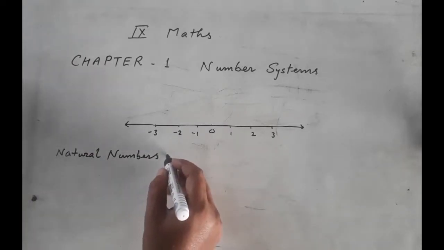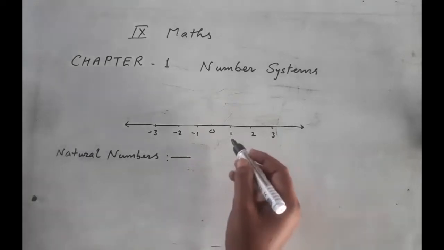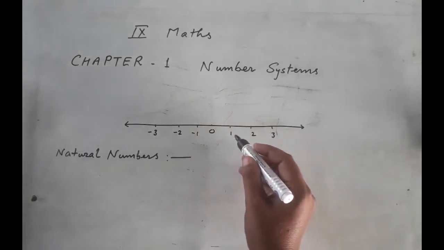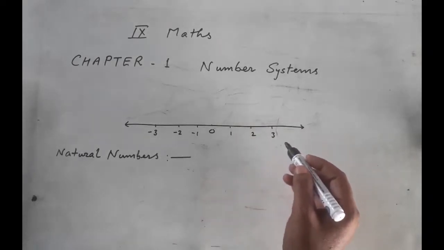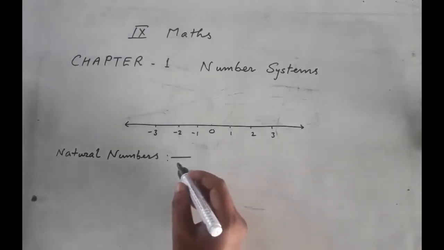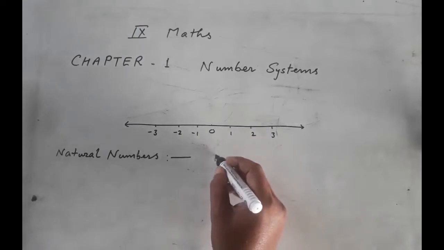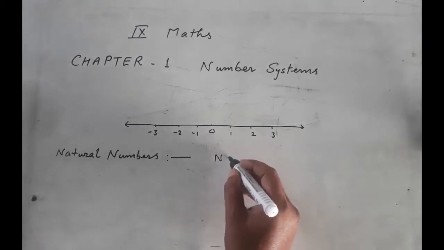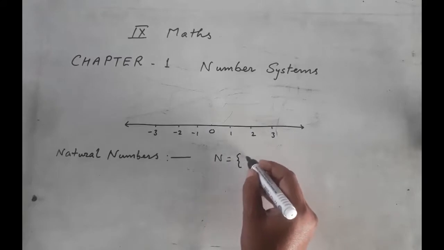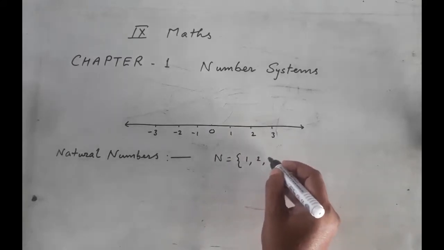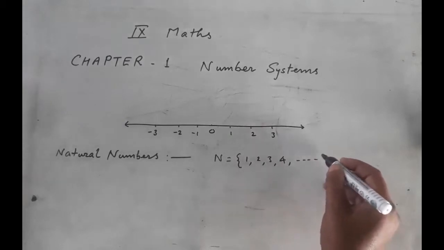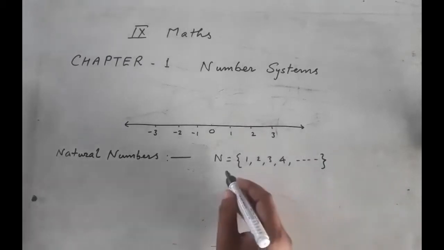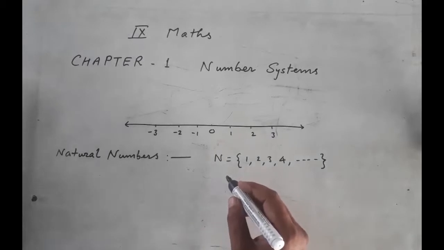What are natural numbers? The numbers that we count, such as 1, 2, 3, are called natural numbers. It is denoted by capital N, and it is 1, 2, 3, 4 and so on.